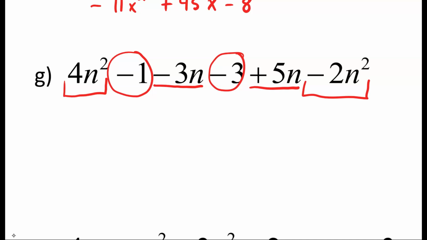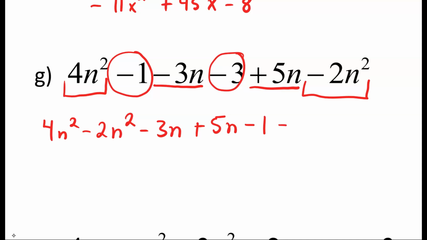Writing this down, I want n squared first. So I have 4n squared, subtract 2n squared. Next is my variable of n without any exponent, which is subtract 3n plus 5n. And the last thing is my constant, which is negative 1 and negative 3.